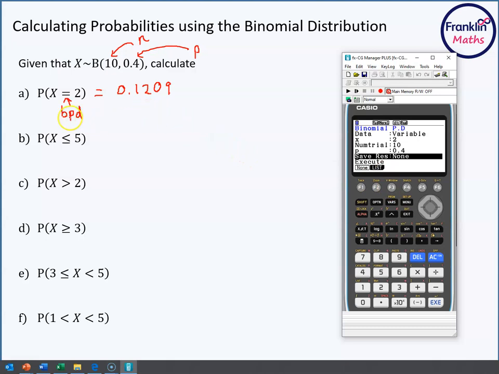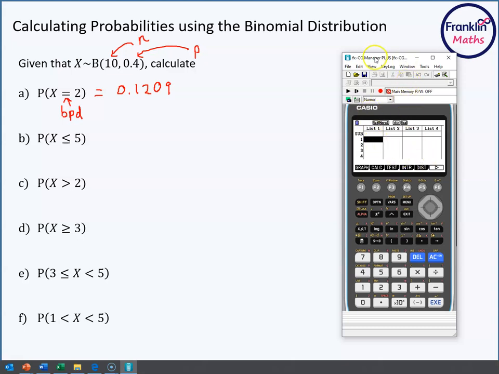So anything that's equal, we're going to be using BPD. Now there is a BCD button. This particular calculator is a lot better than some of the older versions. So this is the CG50.